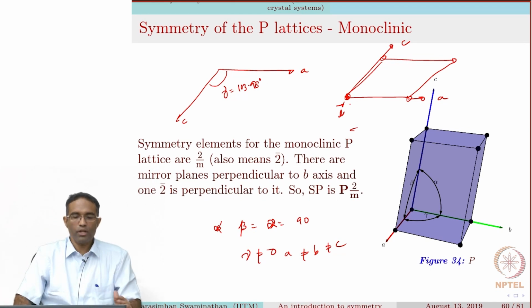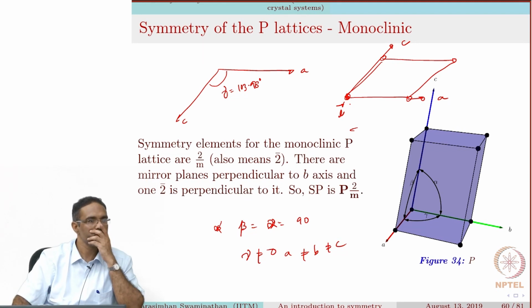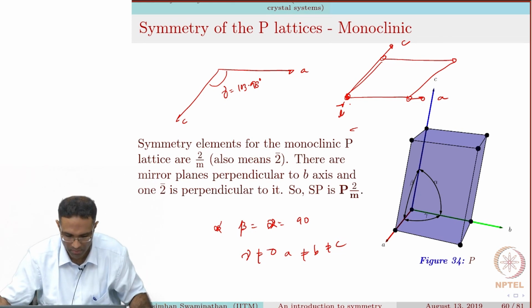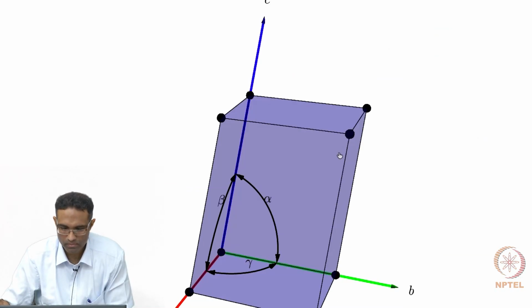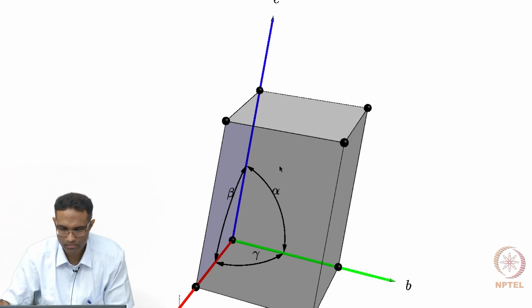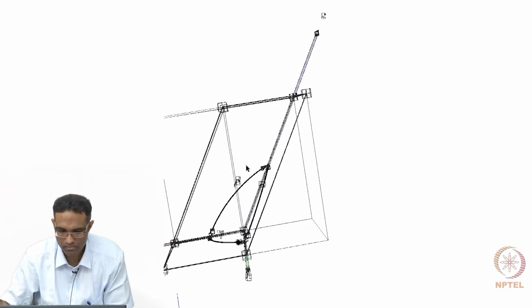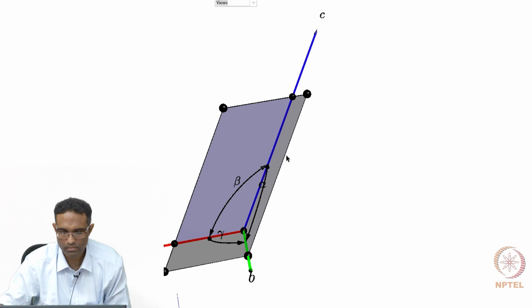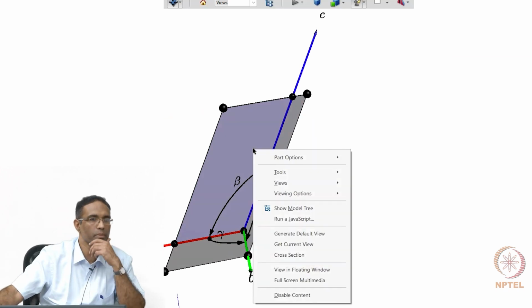In addition to the two-fold symmetry, do you have any other symmetry elements for this Bravais lattice? Let me show you the three-dimensional image so that it can be easy for you to imagine this. What can you say if there is a mirror plane somewhere?